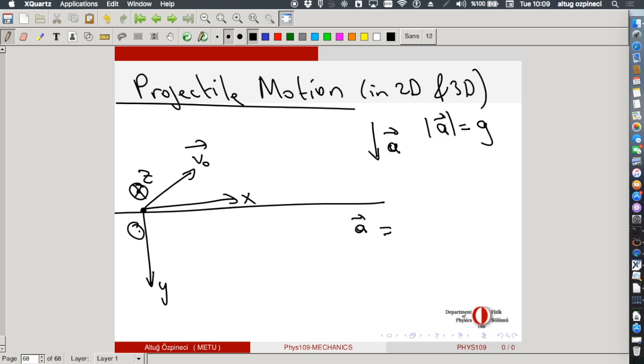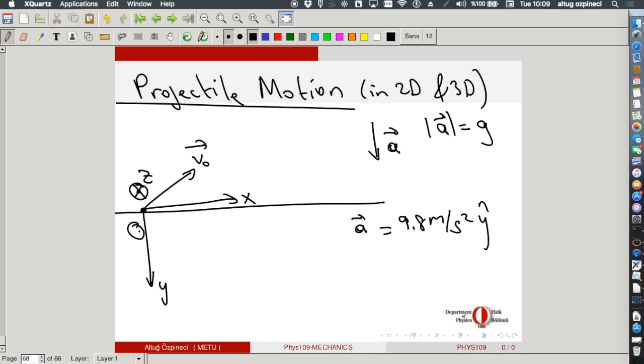So 9.8 in the plus y direction, meters per second squared. That is almost correct.